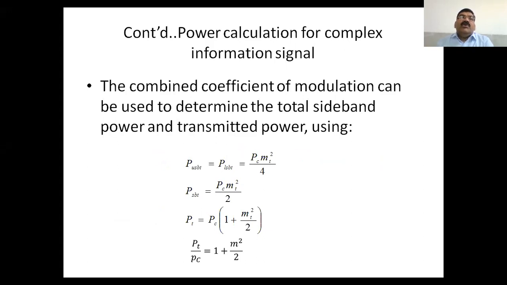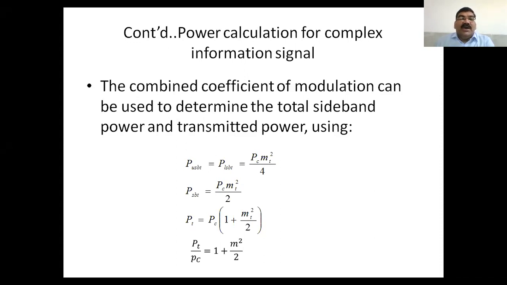Now we will go for the power calculation of the complex information signal. How can the power be calculated? As previously also we have calculated the power. If there is more than one signal, maybe 2 or 3, what will be the power? The combined coefficient of modulation can be used to determine the total sideband power and transmitted power.